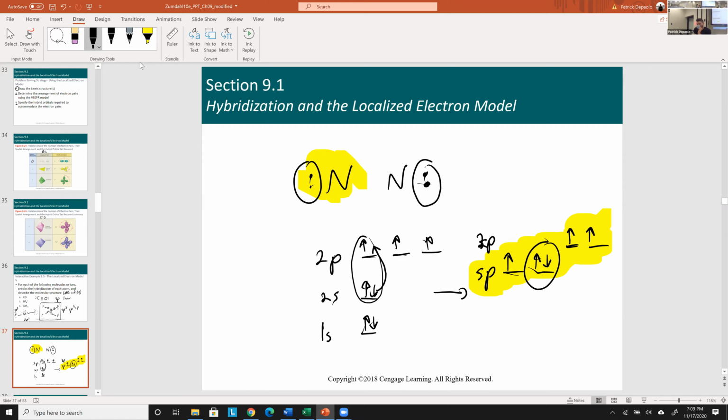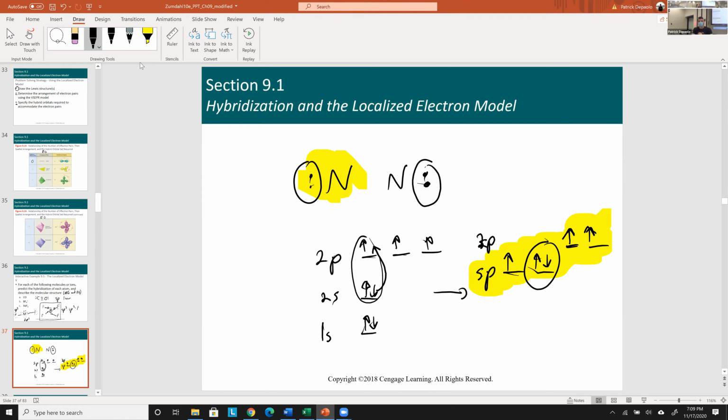Now, how do we distinguish between which one's which? Okay, does that make sense first? Yes.